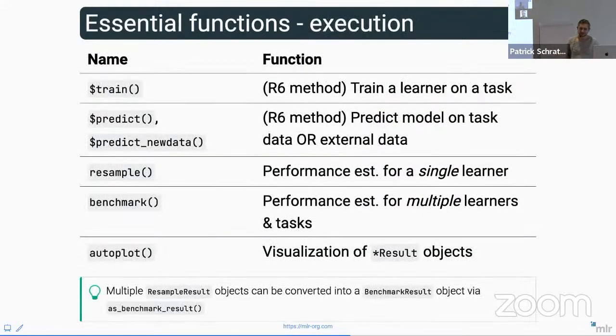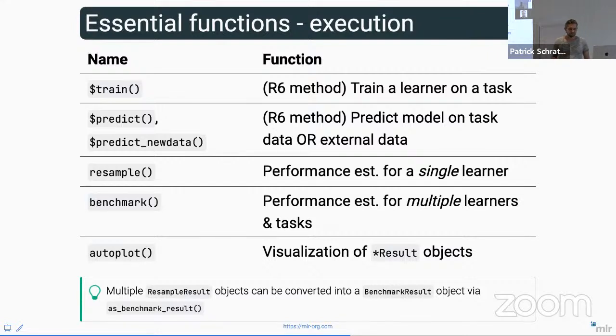Essential functions and methods. All the functions listed here with the prefix dollar are actually methods from the R6 classes, and you need to call them like this: class dollar method, whereas resample, benchmark, and these are normal functions that you can call.